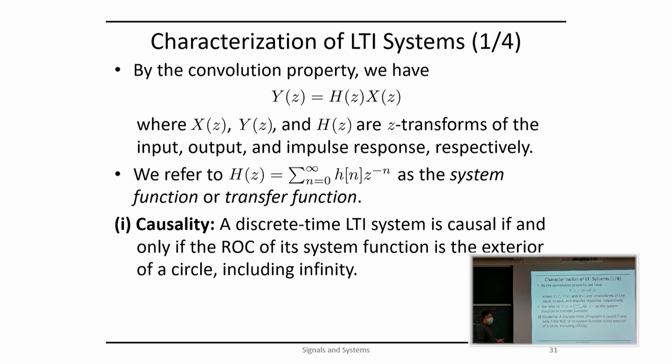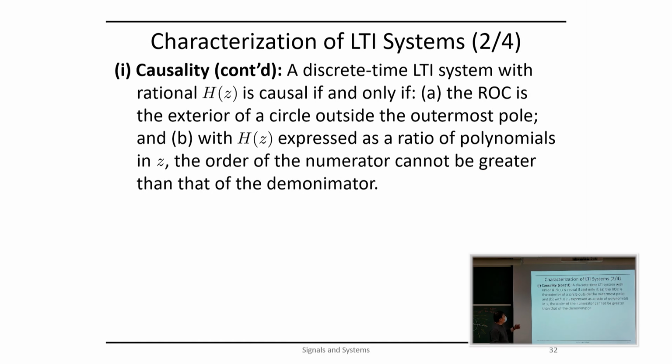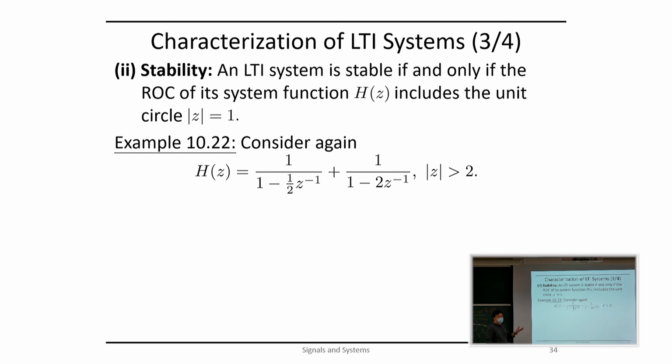So as I mentioned before, the key application for this is the convolution property. Now, other than utilizing the convolution property to help you find the input and output relation, what's more interesting here is that by observing the Z transform of the impulse response, which we call either the system function or the transfer function, so this terminology is the same as in Laplace transforms, we can observe if the system is causal or non-causal, and we can also observe if the system is stable or unstable.